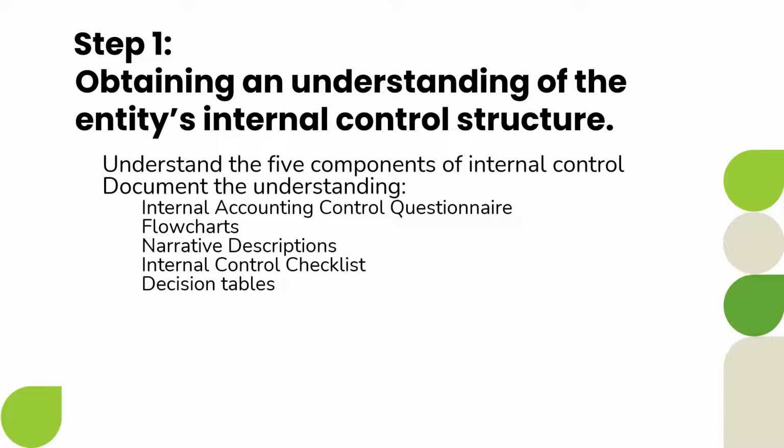Or for controls which are a bit too complex to be presented in a flowchart, with steps and activities that are too circuitous to be properly reflected in a flowchart, you might want to go for narrative descriptions or decision tables. Decision tables are kind of like, if you can imagine with me, say, for example, if event A happens with activity B, how will the internal control system react? So, say, for example, when there is a credit customer who places an order, that's event A. Activity B, for example, is that the credit limit is breached.